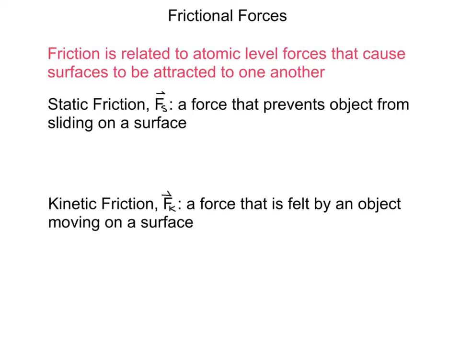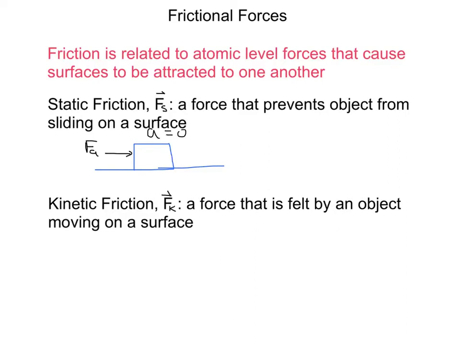The first is static friction, and that's a force that prevents an object from sliding on a surface. So for instance, if I had an object sitting on a table and someone tries to push that object, so they apply a force to it, but it's not moving.